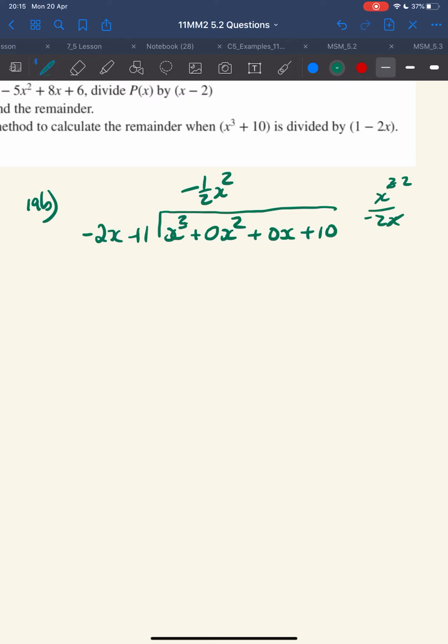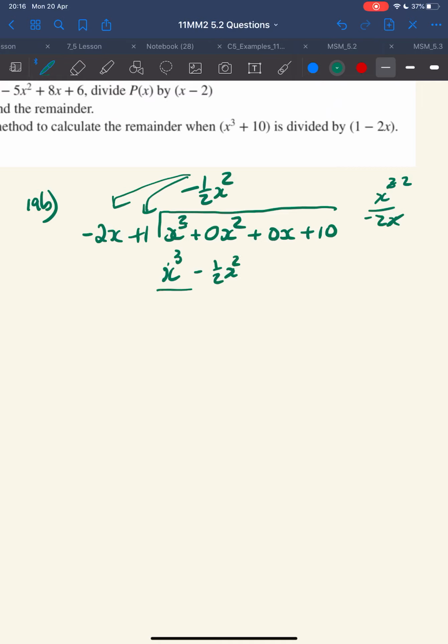If I multiply this now back here and here, a negative times a negative is positive. A half times 2 is 1. X cubed. Minus times a positive is negative a half x squared.